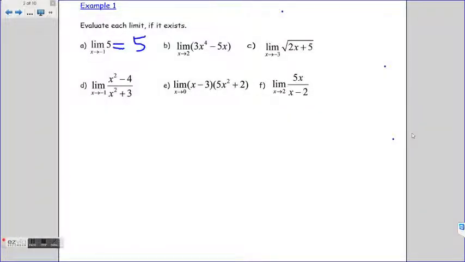Okay, so let's try and use the same method that we did before, where we just replace x with whatever number x approaches. So in this case it's 2. That gives me 10 over 0.